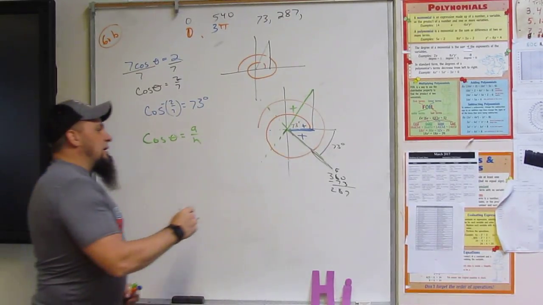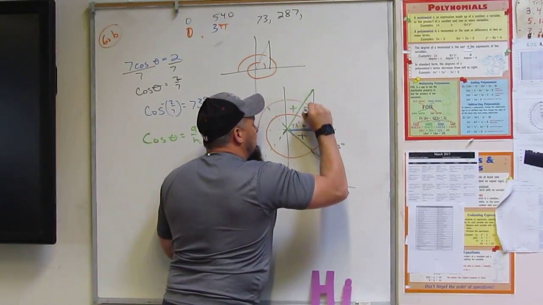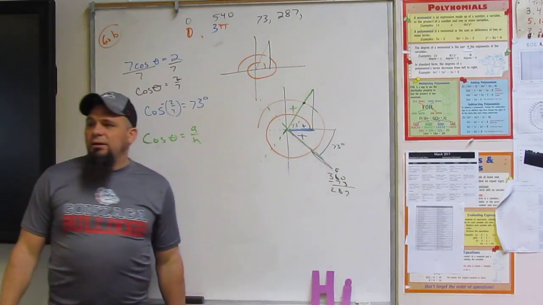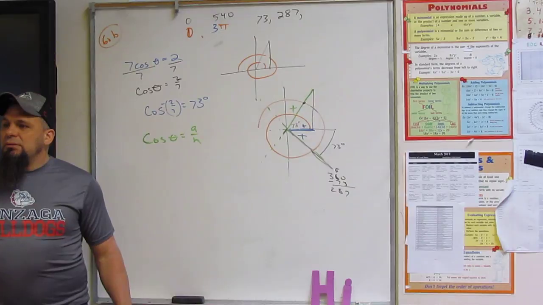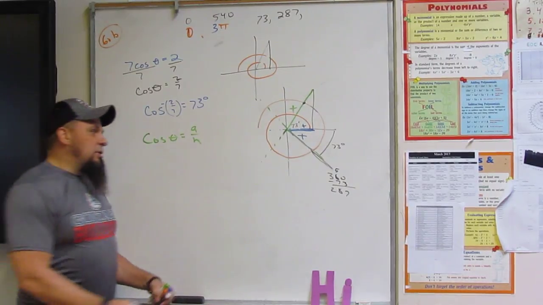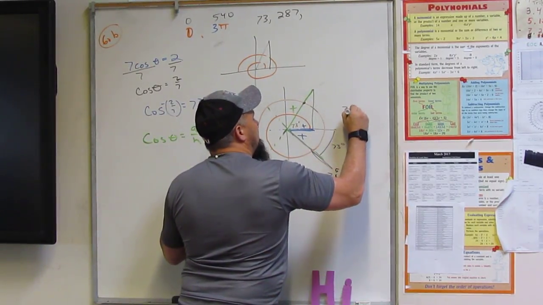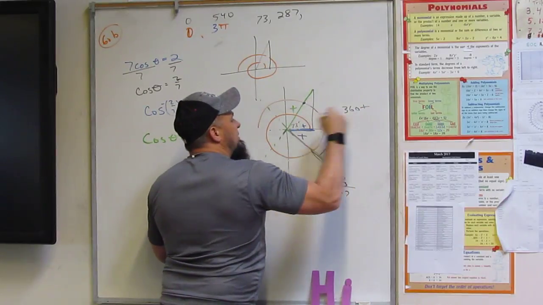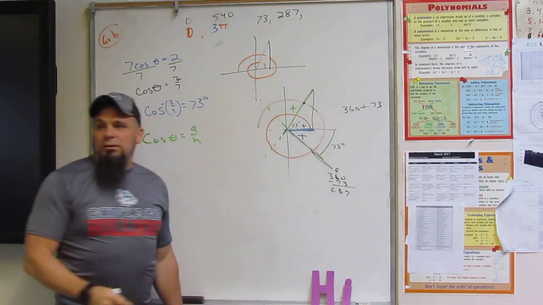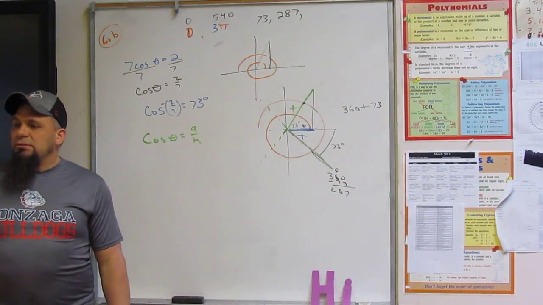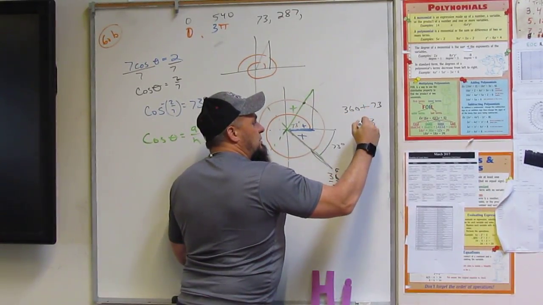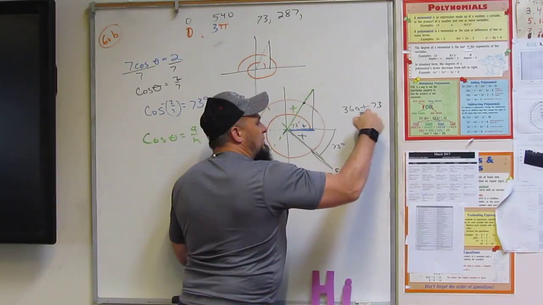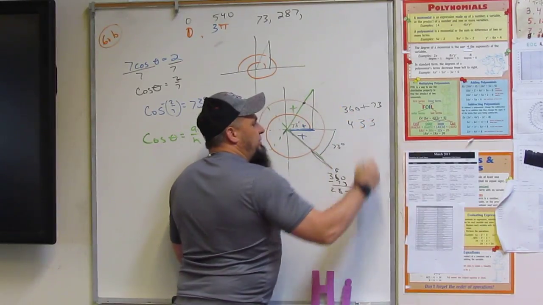And then it's going to keep coming around to hit here again. Which means it's how much? 360 degrees plus 73. So it's going to be 3, and carry the 1. 433.